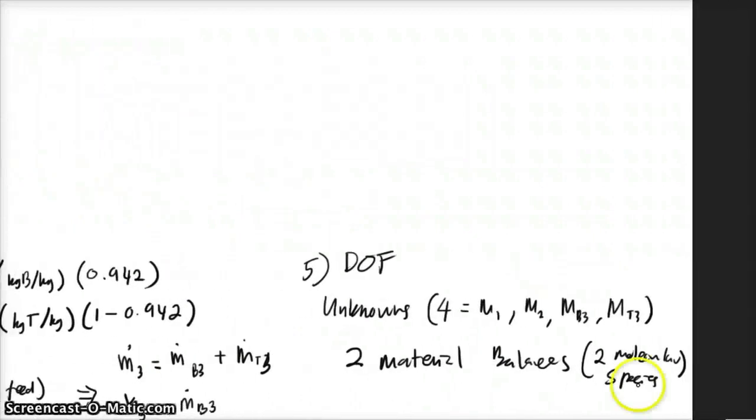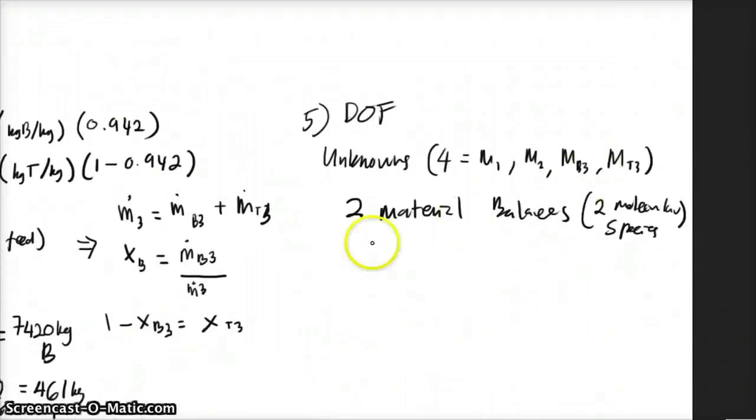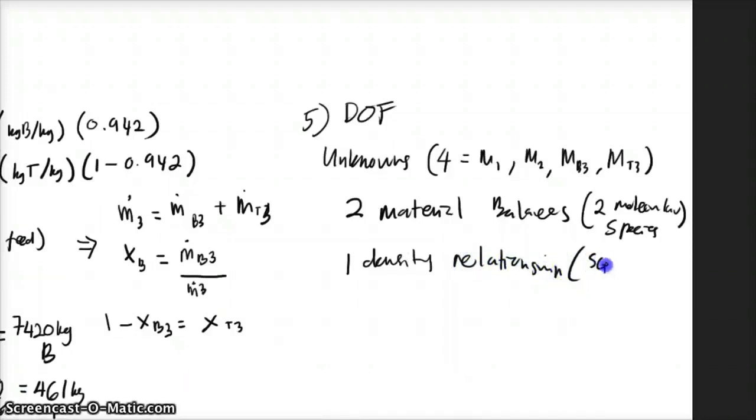So we have 1 density relationship, which is the specific gravity of 0.872. And the last one is we have the benzene split of 92% goes to the top, and the last 8 went to the bottom.